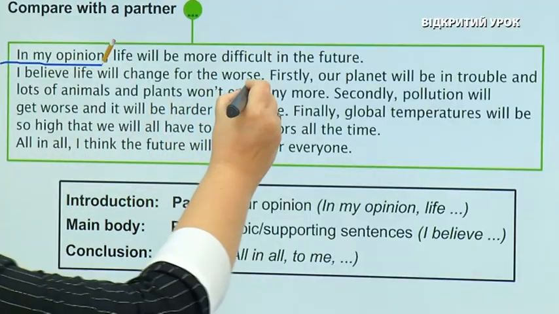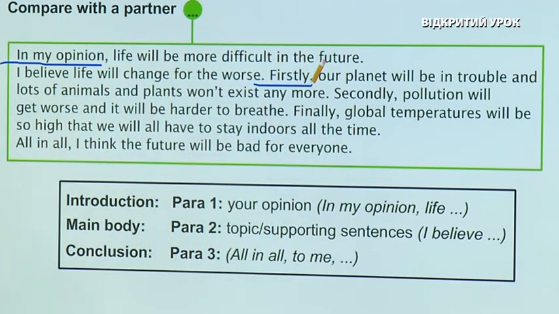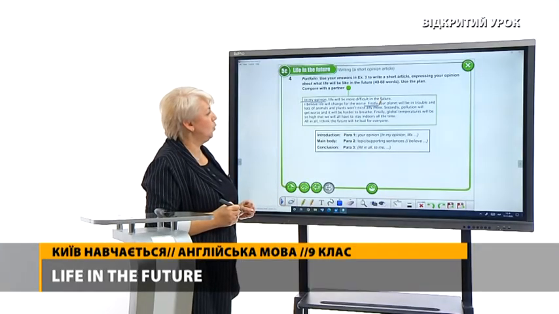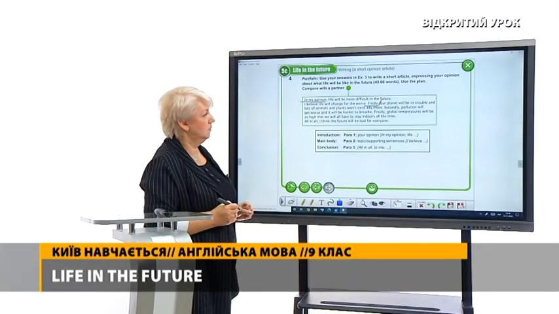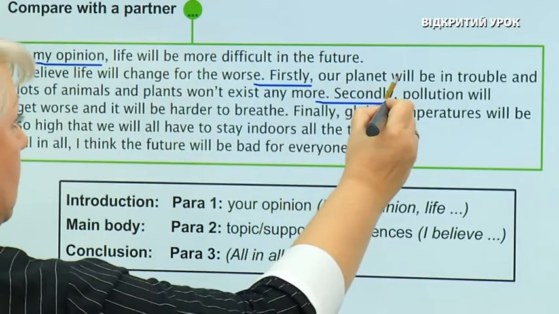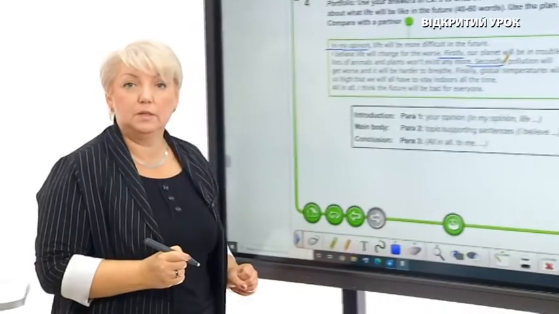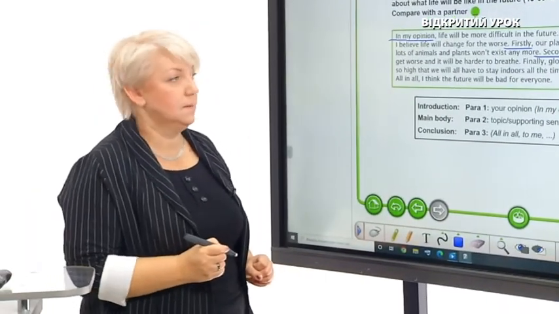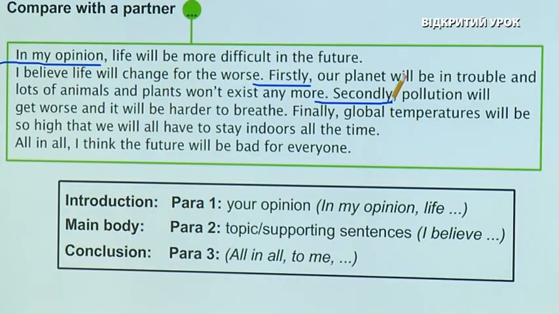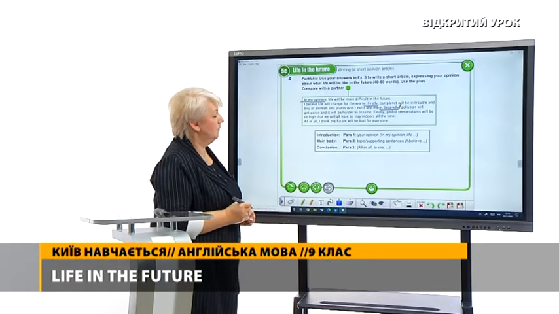Firstly, linking word for first supporting sentences. Our planet will be in trouble, and lots of animals and plants won't exist anymore. Secondly, linking word for the second supporting sentence. Pollution will get worse, and it will be harder to breathe.